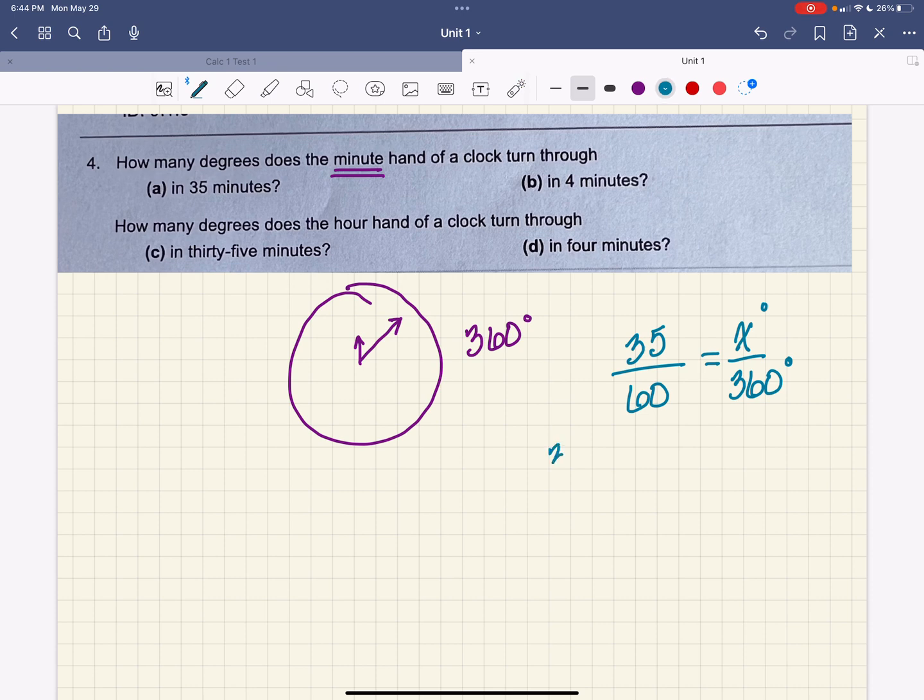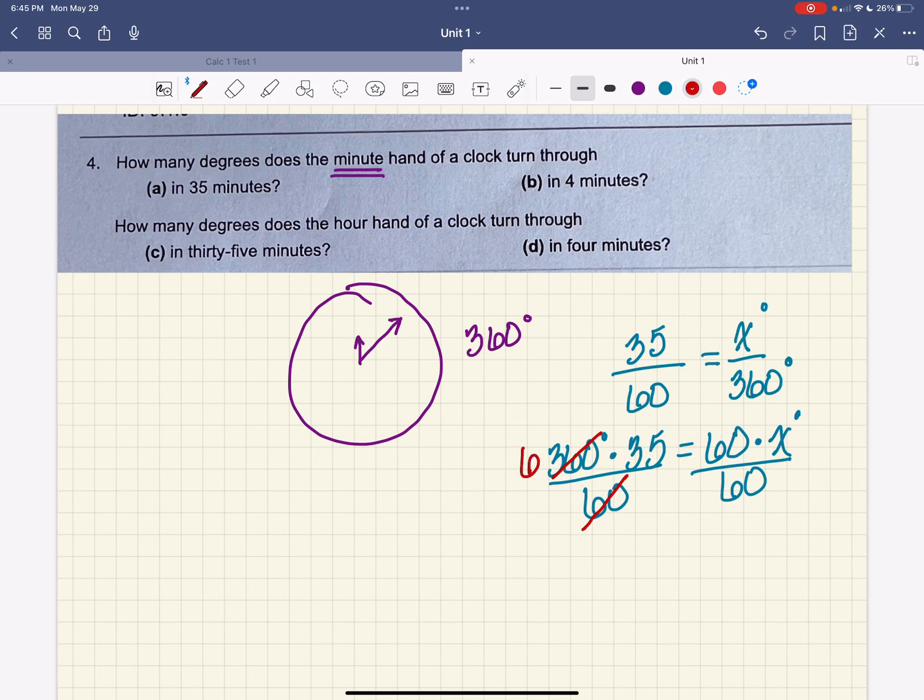So I have 360 degrees times 35, and that's going to equal 60 times x degrees. Okay, I'm going to divide both sides by 60. Now I'm going to go ahead and do some cross canceling. So 60 goes into 60 one time, and 60 goes into 360 6 times.